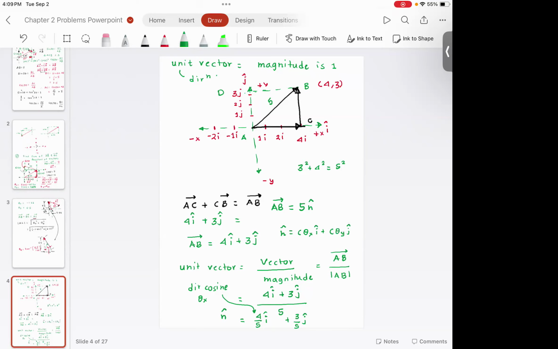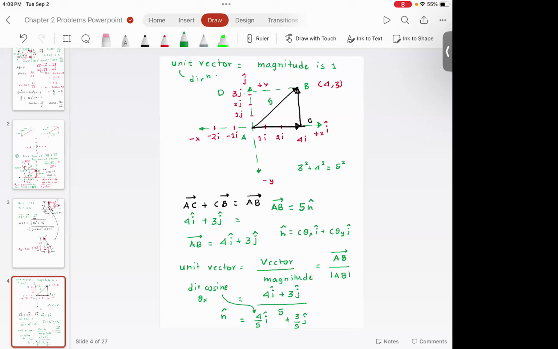Now, this is a concept that I want you to understand very, very clearly. It's not very intuitive. I gave you the value of n hat, and I said n hat is a unit vector. It only represents orientation, and I give you these numbers.